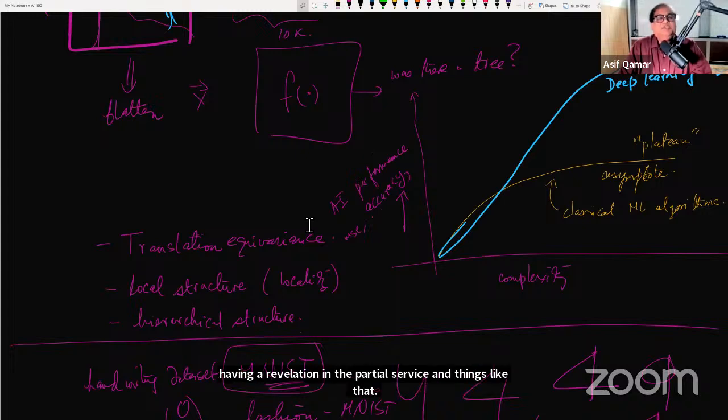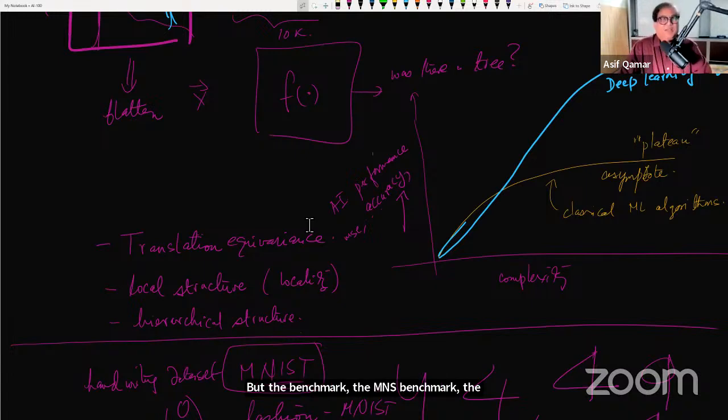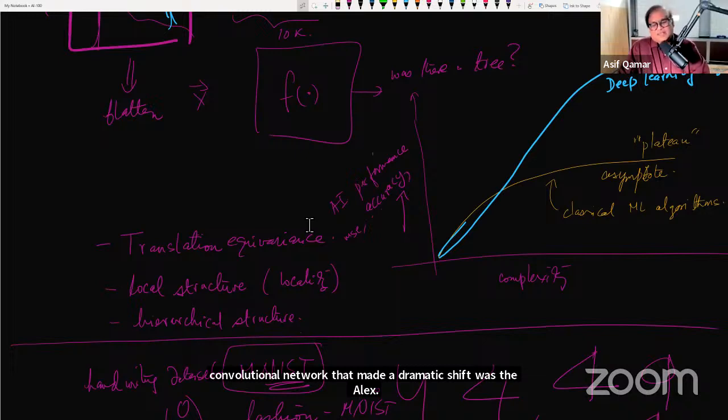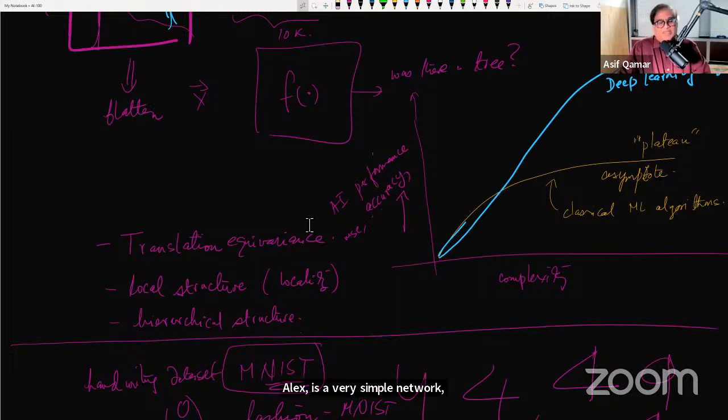But the benchmark, the MNIST benchmark, the first convolutional network that made a dramatic shift was the AlexNet. AlexNet is a very simple network, but it has a small twist to it, but we won't go into that. Then came a very beautiful idea called residual connections or skip connections.